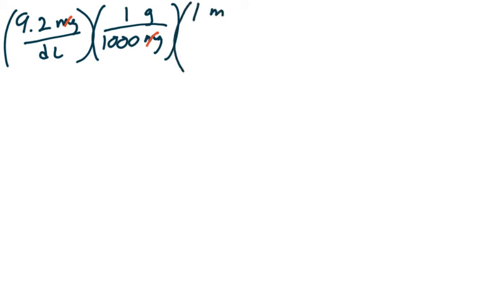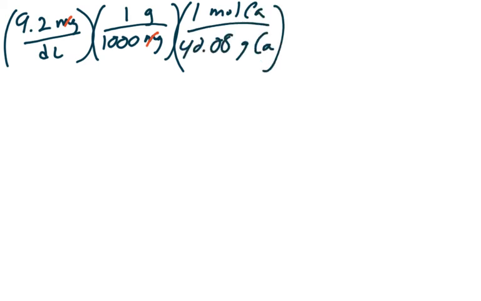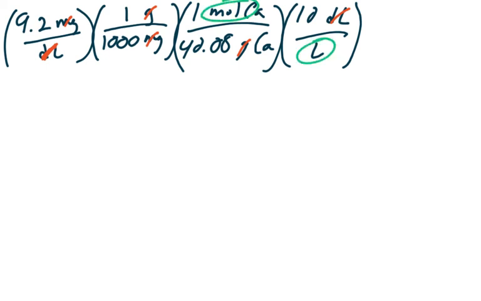And then 1 mole of calcium is 40.08 grams of calcium. That gives me moles per deciliter. And then 10 deciliters per liter cancels out with this deciliters here. And what I'm left with is moles per liter.